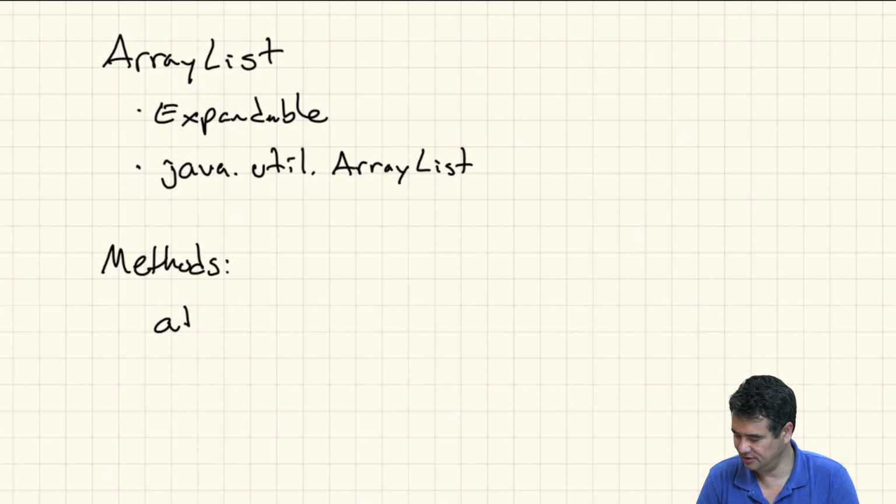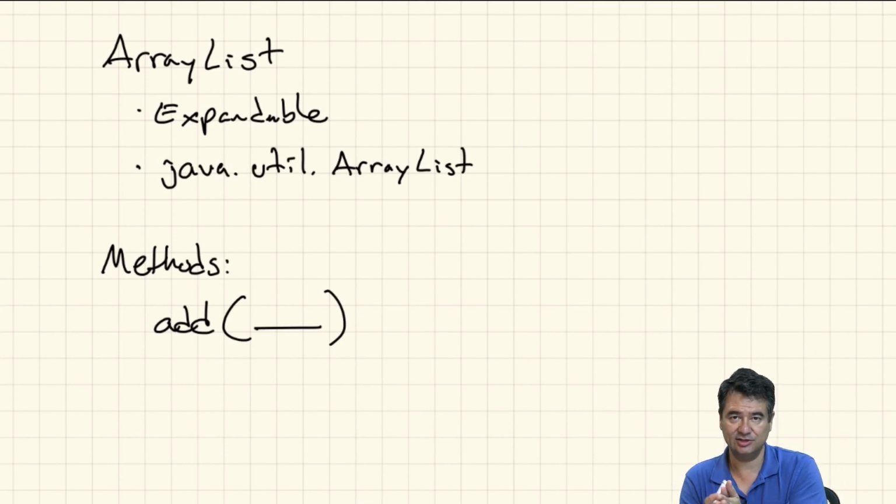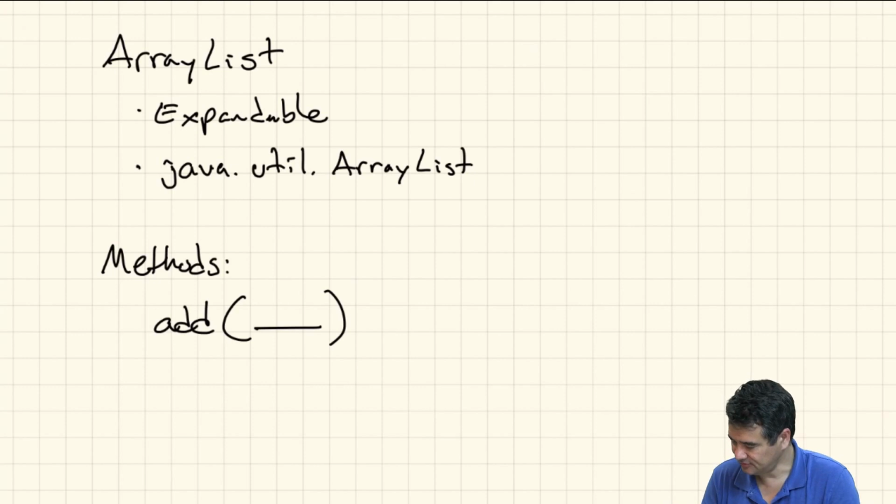There's one called add. So you can add an element to the array, and what that does is it sticks it onto the end of the array and essentially grows it by 1. So initially the size of the array is 0. When you add something, it becomes 1. When you add something else, it becomes 2, and so forth. There is size, which tells you how many elements are in the list or in the array.